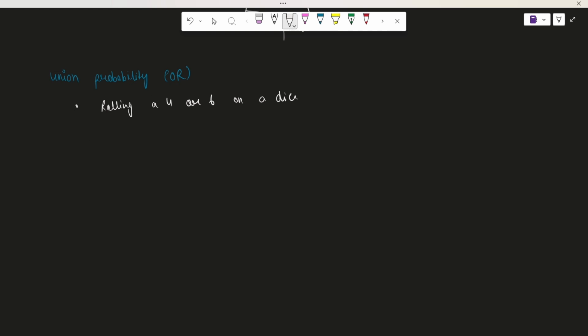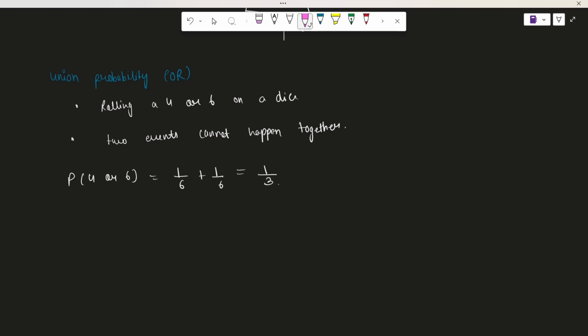Here, these two events cannot happen together. So the probability of 4 or the probability of 6 will be 1 by 6 plus 1 by 6, and we get 1 by 3. This is case 1, that is, mutually exclusive events.